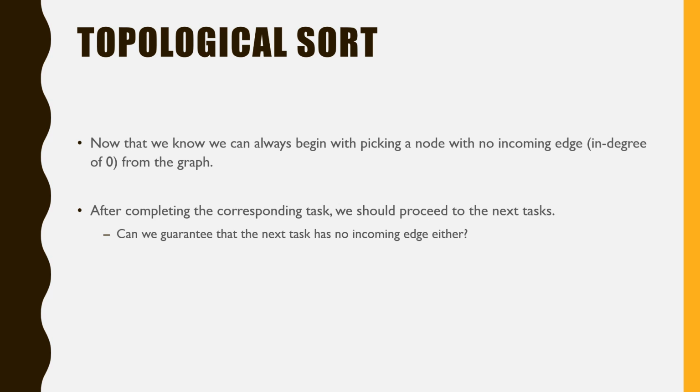Ideally, the next task should also have no incoming edges, meaning that it either has no prerequisites or all its prerequisites have already been completed and removed from the graph. However, can we be sure that such nodes will always occur after removing the first node? We will address this question using Proposition 2.